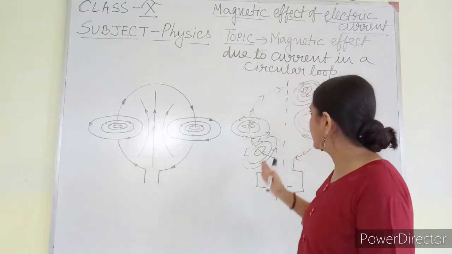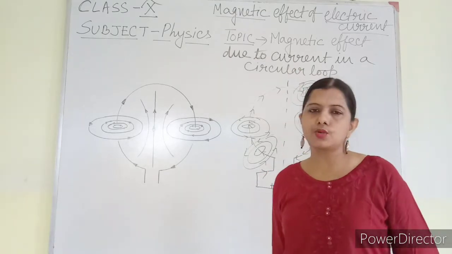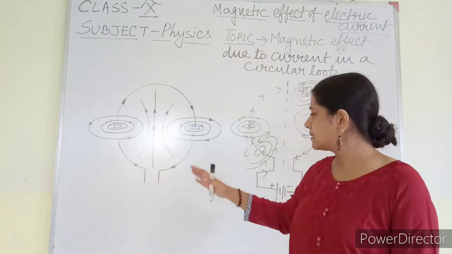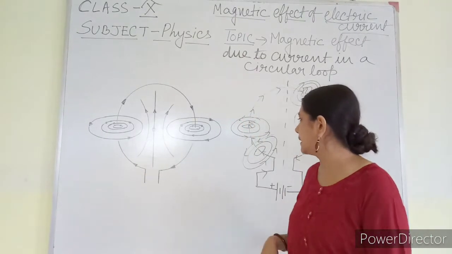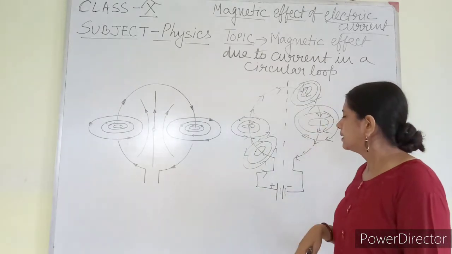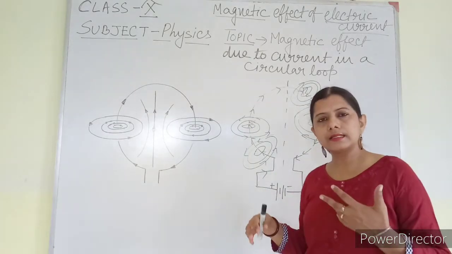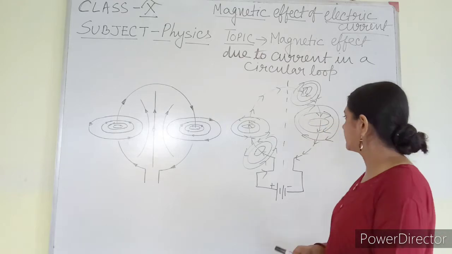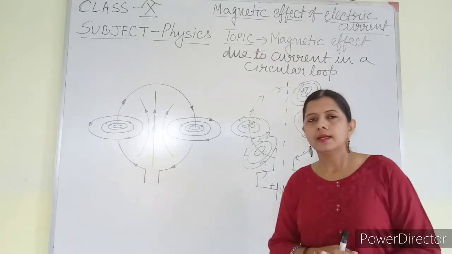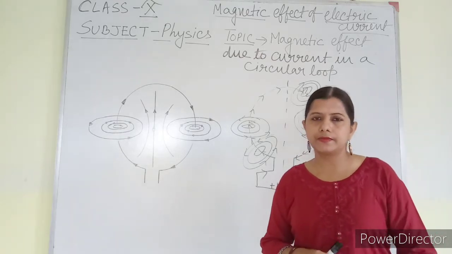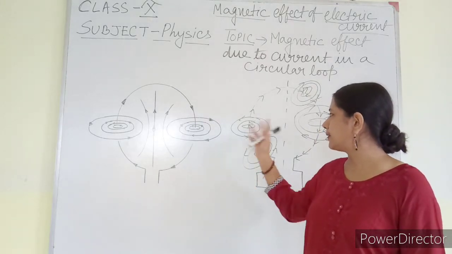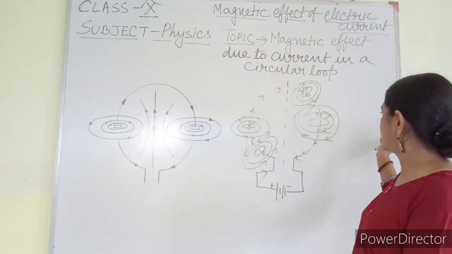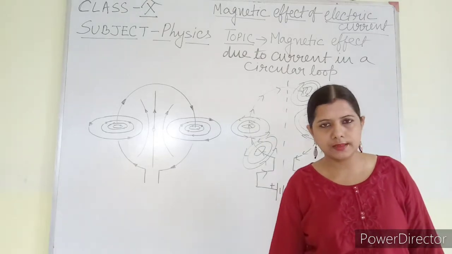If I divide it into two parts, the left hand side and the right hand side, the direction of the magnetic field is different on each side. On the right hand side I find anti-clockwise, and on the left hand side I find clockwise.